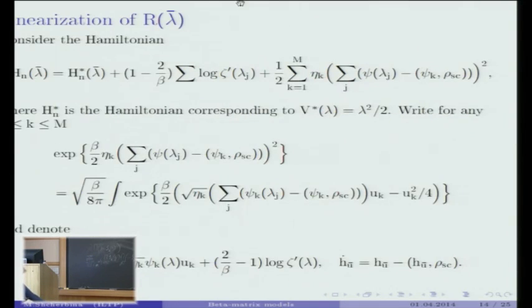The next step: I don't want to have this R, I would like to linearize it, and there is a standard way in statistical mechanics, maybe in analysis. In statistical mechanics, it is usually called the Hubbard-Stratonovich transformation, but it's just Gaussian integration.